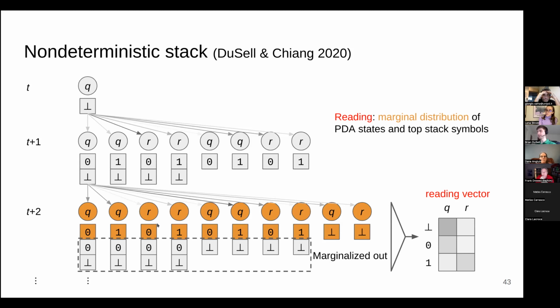So if we wanted to get a summary of all the configurations at time t+2, we would only look at the states and the top symbols of these configurations, and we would marginalize everything beneath the top symbol out. That would give us a vector that contains a probability for every pair of PDA state and stack symbol type.